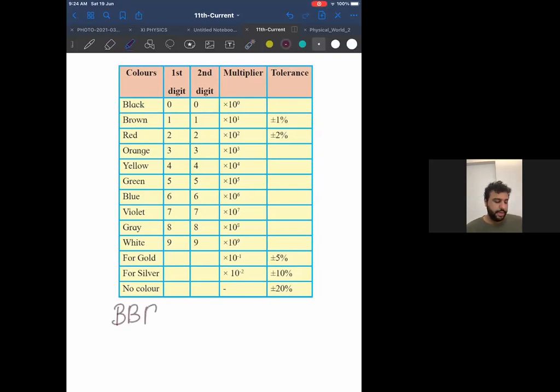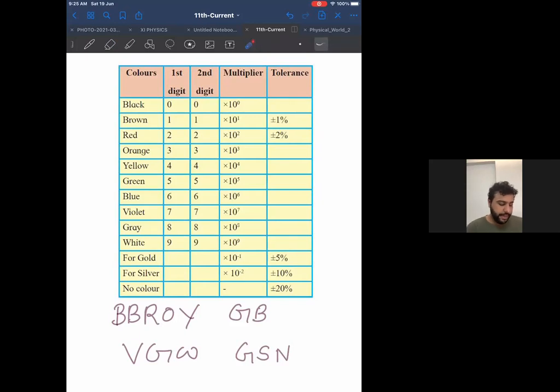B. Roy of Great Britain had a very good wife wearing gold and silver necklace. Let's repeat in your mind. What is the keyword? B. Roy of Great Britain had a very good wife wearing gold and silver necklace.